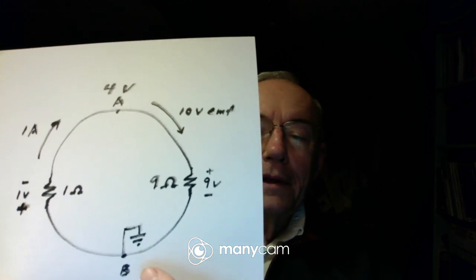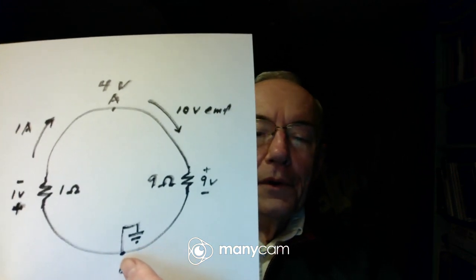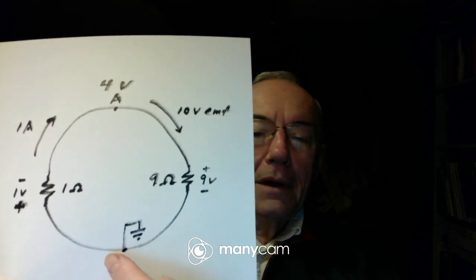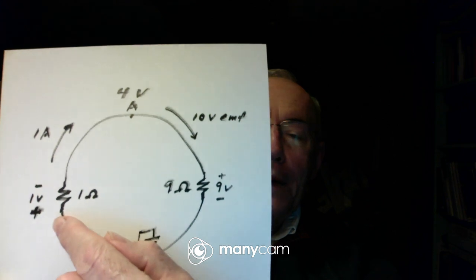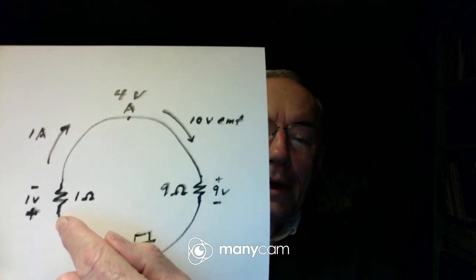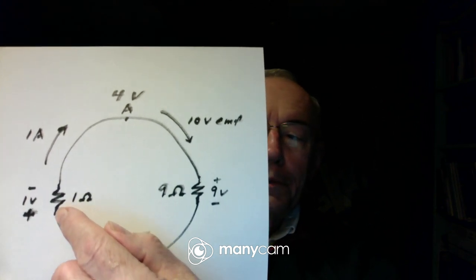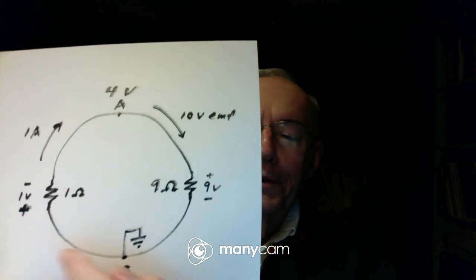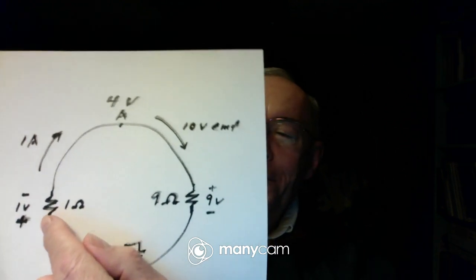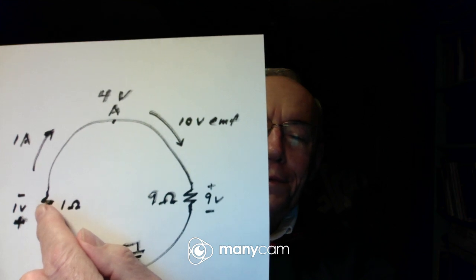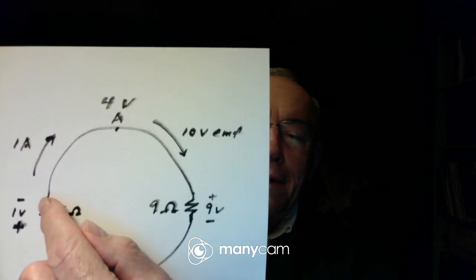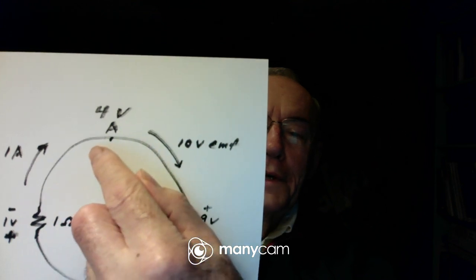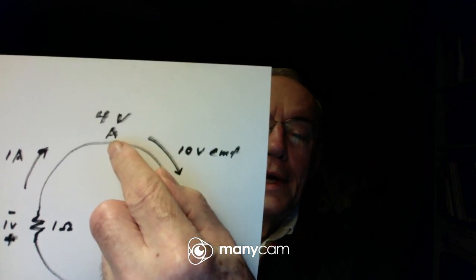Okay, starting at 0 at the ground, go up, gain 2.5 volts of potential difference, minus 1 volt, 2.5 volts of EMF, minus 1 volt potential difference, that's 1.5 volts. And you add 2.5 volts of EMF, you get 4 volts at point A.